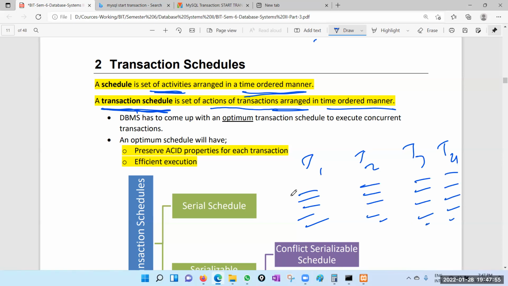This transaction has to select some data from one table, then update this table, insert to that table, then again update this table. This one also has that. So how can these things be arranged? That is a transaction schedule. When the transaction schedule is created, it's on the fly.